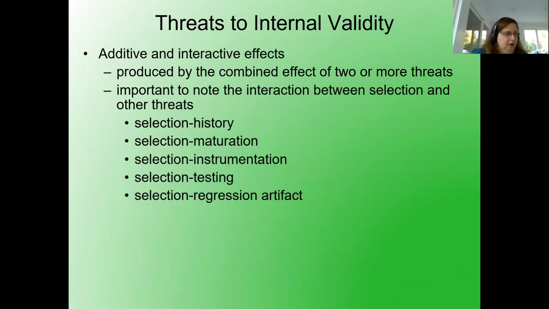So be on the lookout for selection plus history, selection plus maturation, selection plus instrumentation, selection plus testing, or selection plus a regression artifact or regression to the mean. Okay. All right, so that's internal validity.